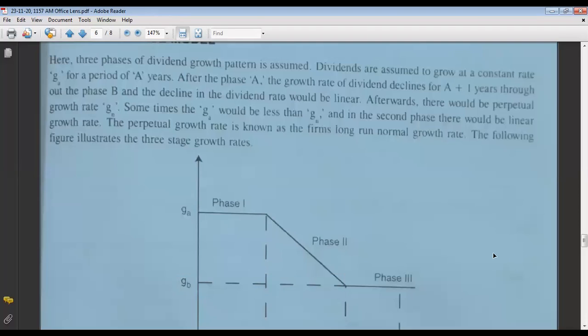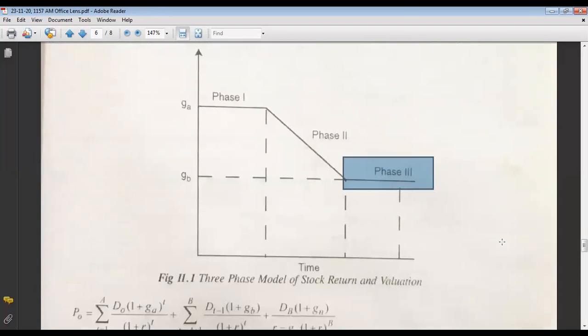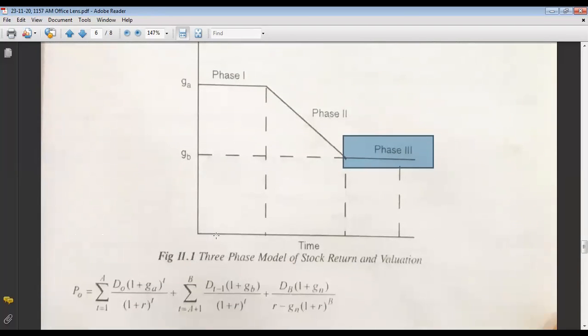Then onwards, when the company starts stabilizing, when you have again a constant growth, that is the time when you have the normal growth again. Clear? These three phases are what we need to understand. This phase gets over at time TA.